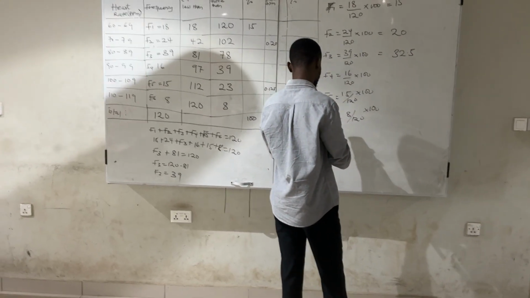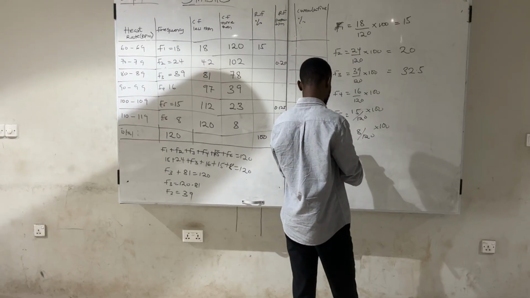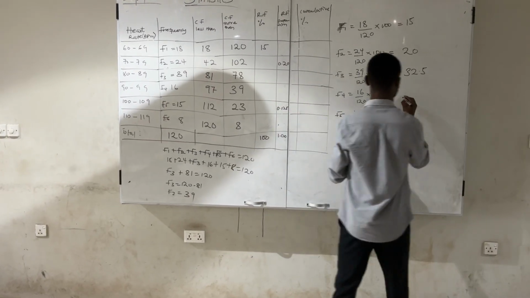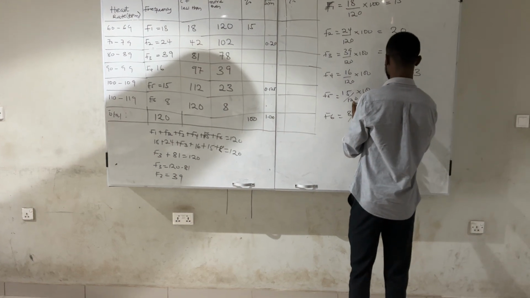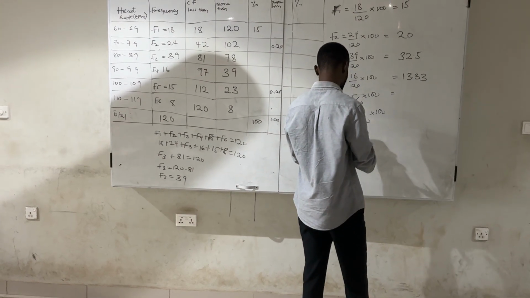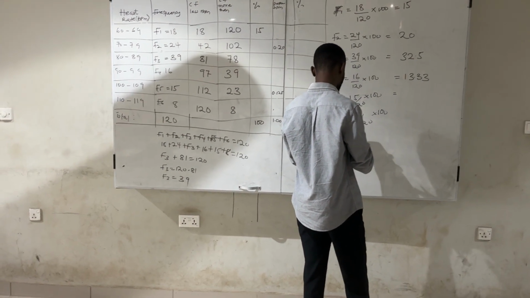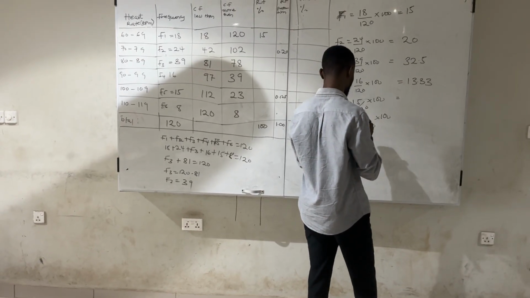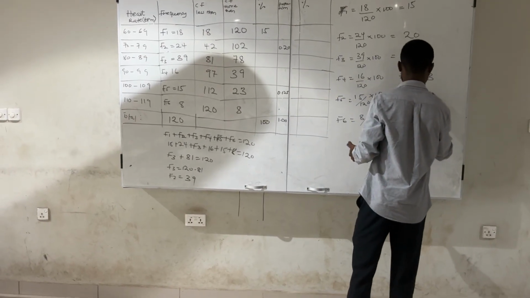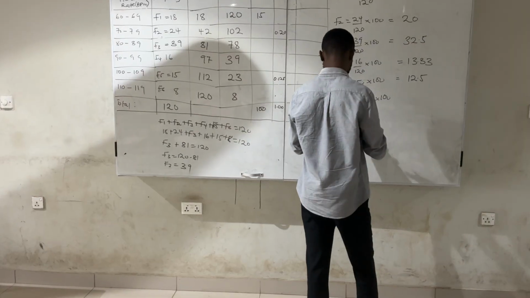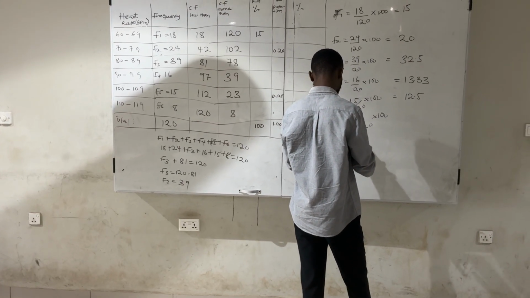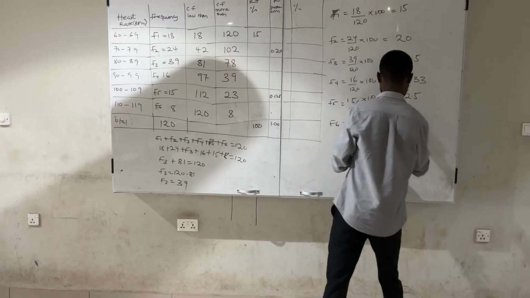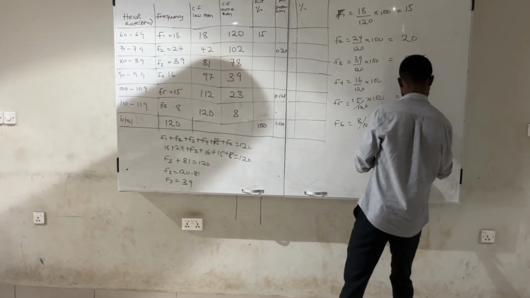16 divided by 120 times 100 is 13.33. 15 divided by 120 is 12.5%. The last is 6.67%.